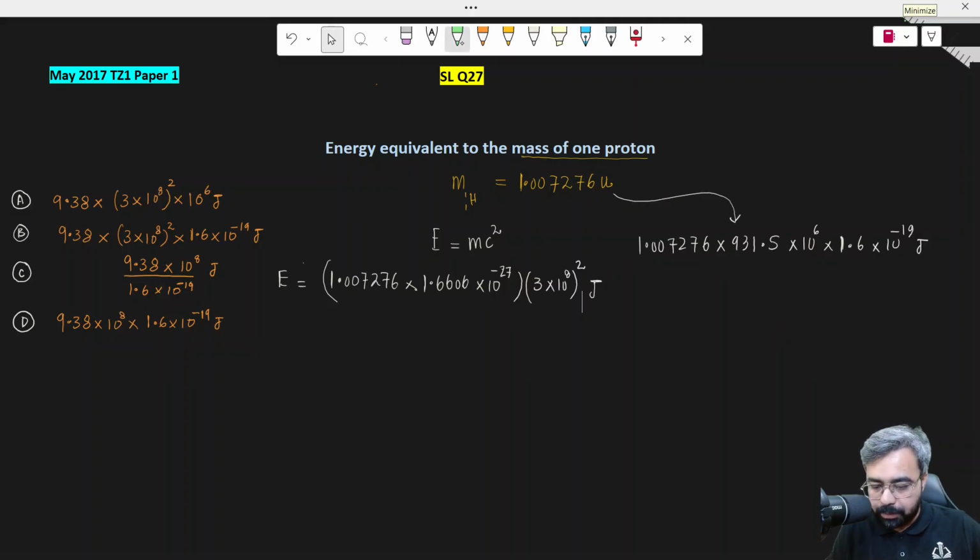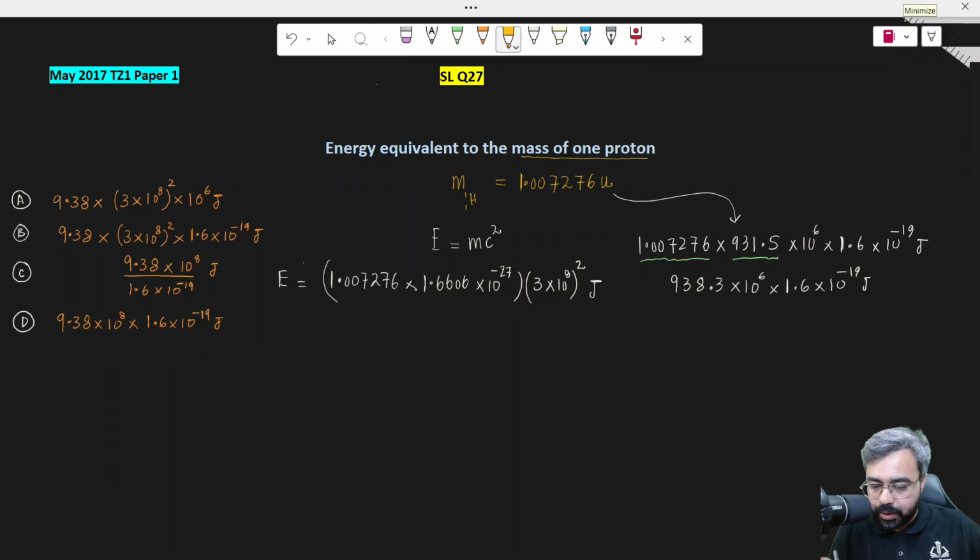So if I multiply this number with this number, I get exactly 938.27, or let's say 3 times 10 to the power 6, which is already written here, times 1.6 multiplied by 10 to the power negative 19 joule.